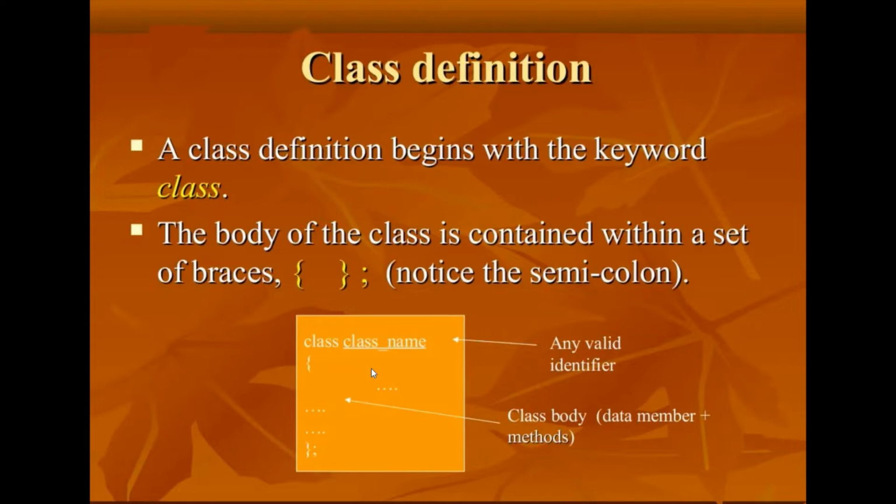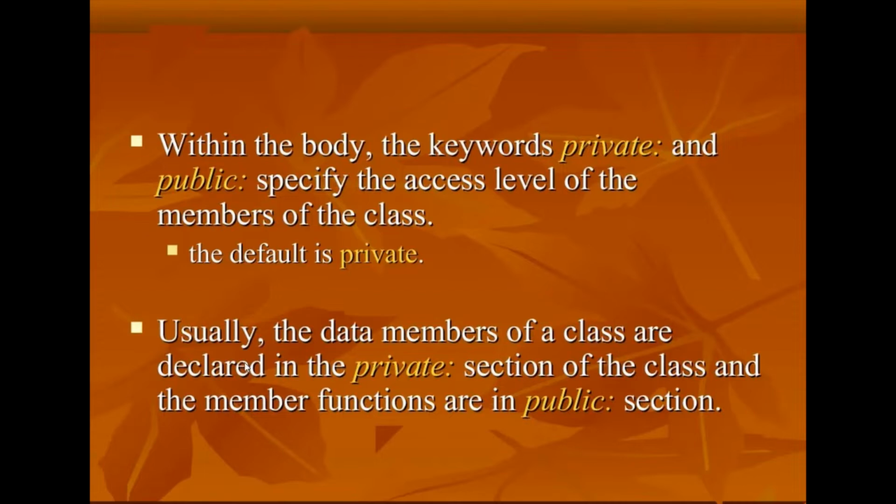But if you want to make them public, you have to write public. Usually the data members of the class are declared in the private section, and the member functions are declared within the public section. So we have two access specifiers, one is private and one is public, right?